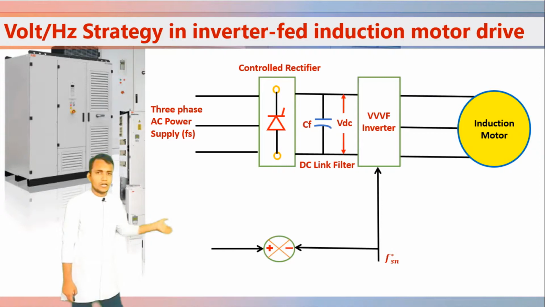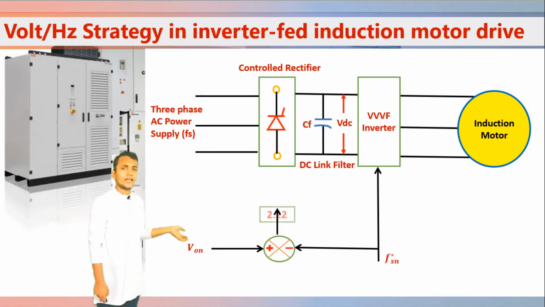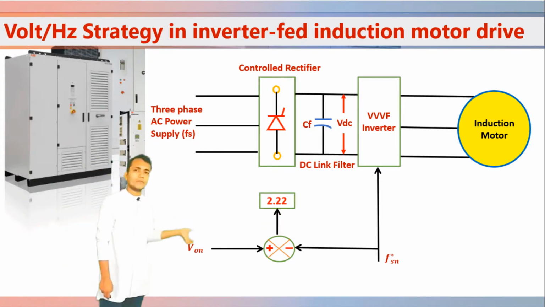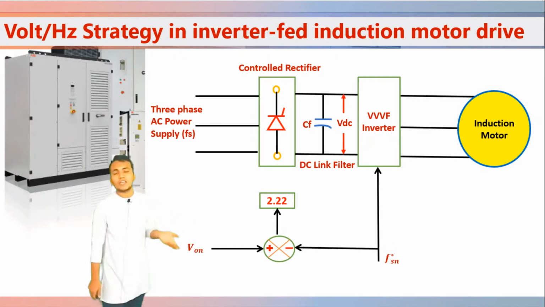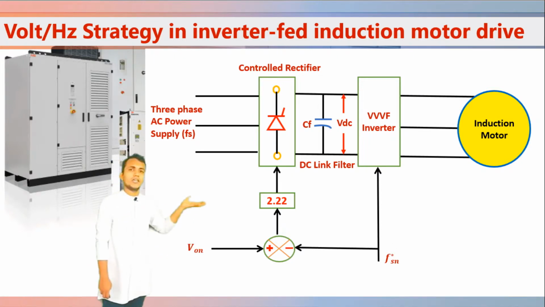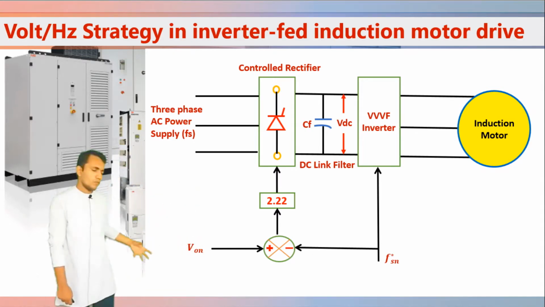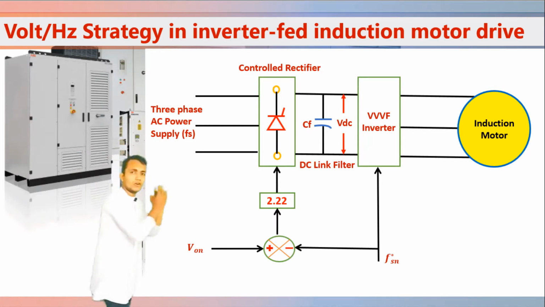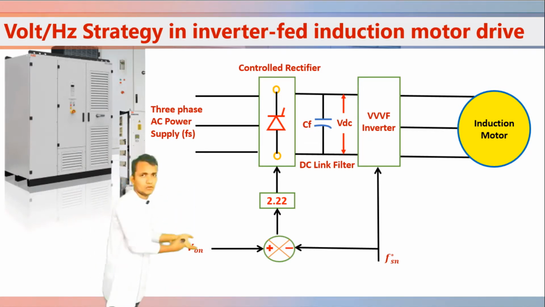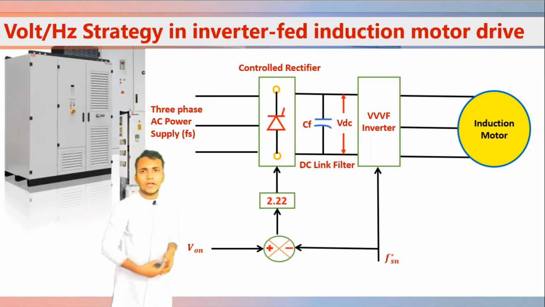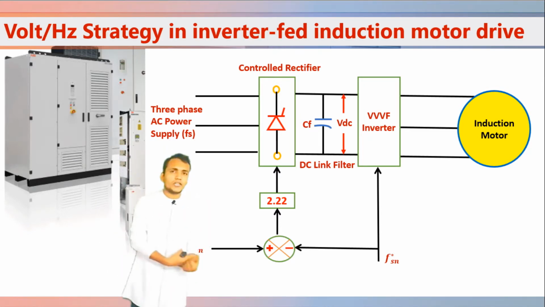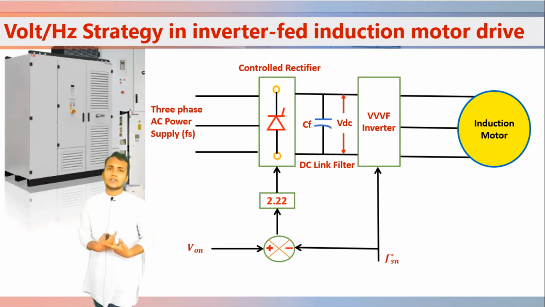Then here, on the input side, that is VASN, the normalized voltage, connected with 2.22 that comes from our equations, and that is given to our controlled rectifier circuit. So in this way we can modify the control system into a closed loop system, you can see now. So that is the volt-Hertz strategy in the inverter fed induction motor drives.